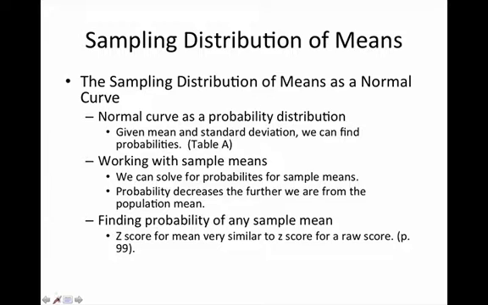Likewise, the probability that we'd observe a given score starts to decrease the further we get out towards the tails of the distribution. All else being equal, a score is going to be much more likely if it's closer to the mean than if it's farther away from the mean. So we can find the probability of any sample mean by solving the z-score for the mean, which is illustrated on page 99. And then we can use table A to solve for those individual probabilities.